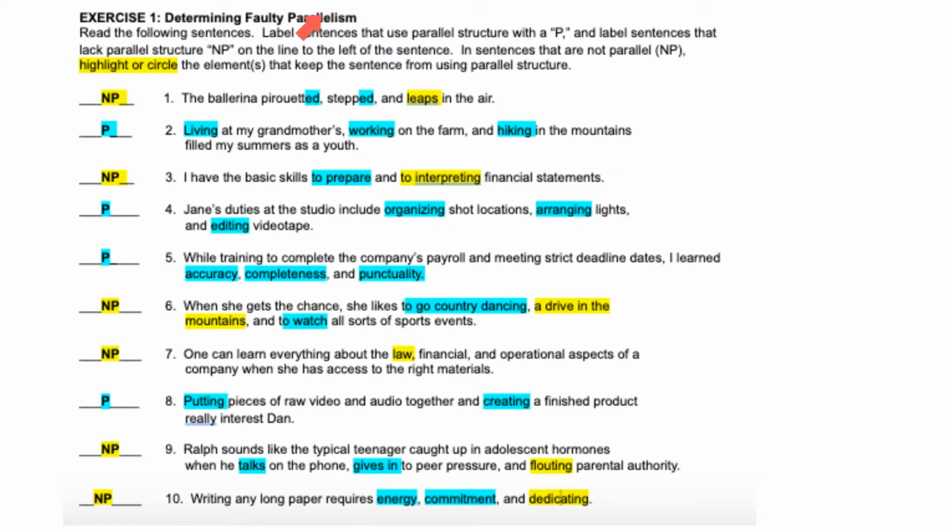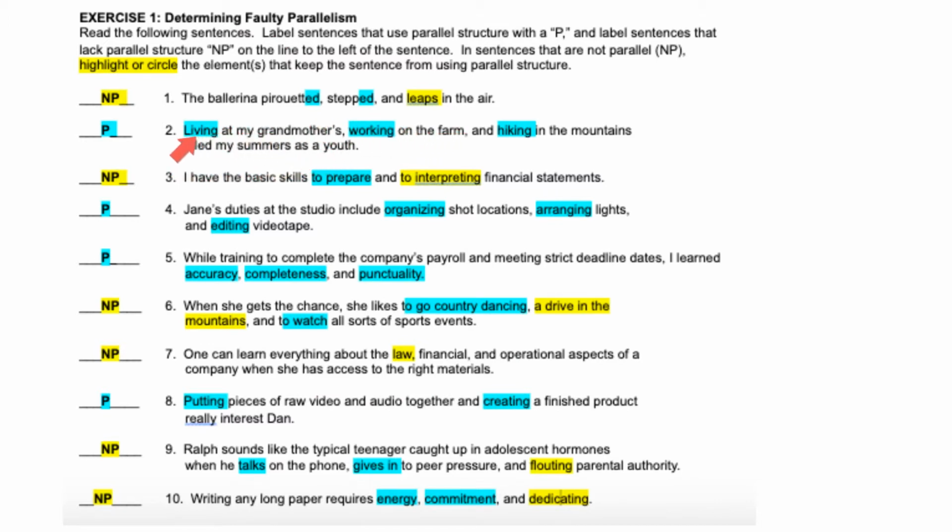I'll point out as we get started that talking about parallelism or parallel structure would be interchangeable terms. And what we're really looking for as a basic tenet is structures that are of equal rank, in a sentence like number 2, where I'm looking at what filled my summers as a youth.